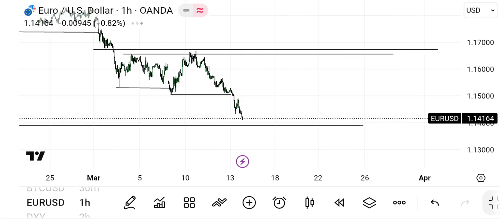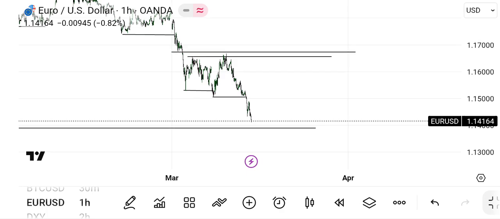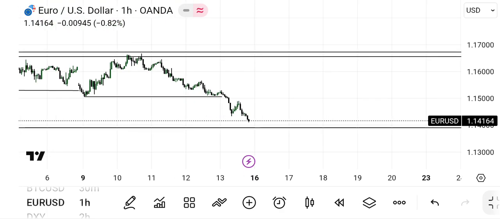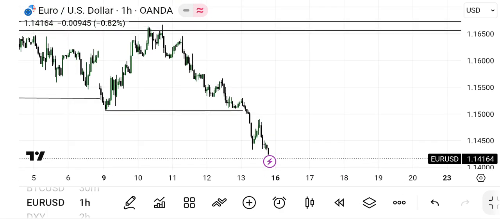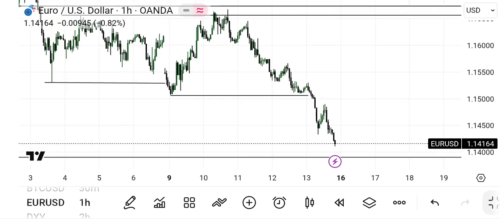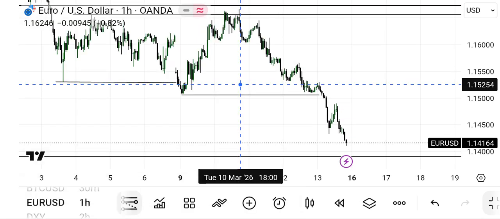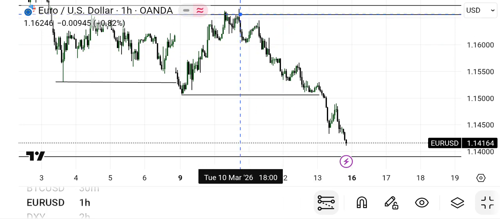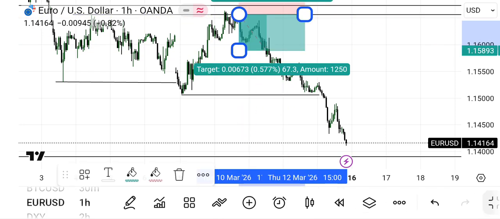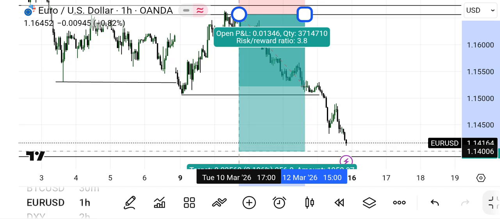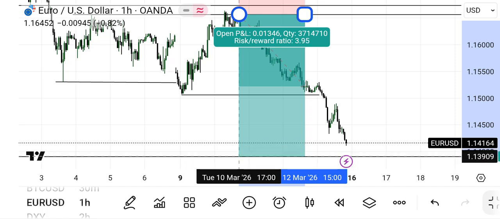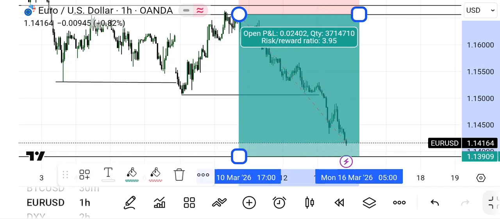So if you are about to take this sell on EURUSD, which is very massive, you take your entry from here, sniper entry, and you catch this long move, you are done for the week.